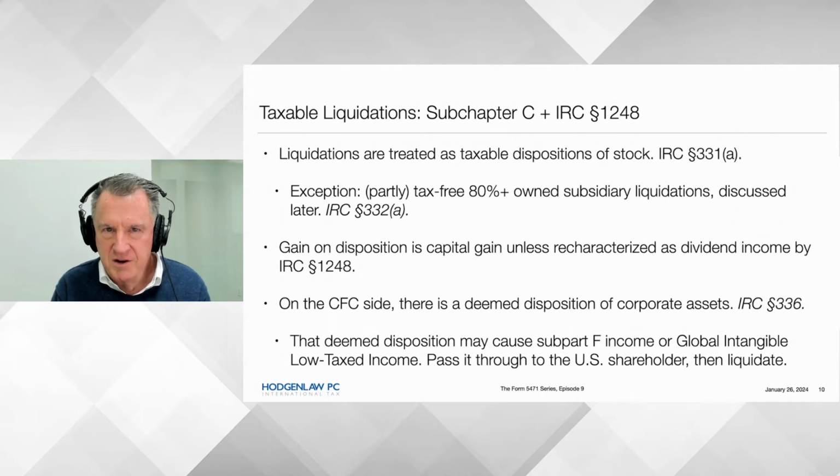And if that gain on deemed disposition of the corporate assets in the CFC is treated as global intangible low-taxed income, then you're going to have pass-through because of Section 951A(a). And so what will happen in the liquidation is step one, you're going to have this pass-through income to the extent of earnings and profits to the U.S. shareholder, and then the distribution of the assets afterwards. So that's what's going to happen in the liquidation.